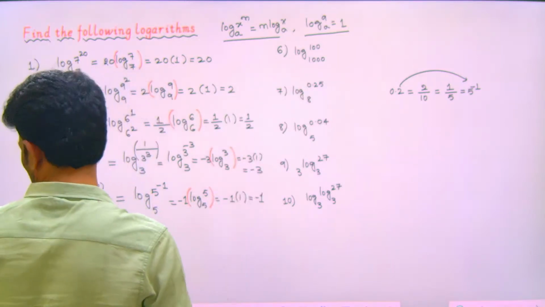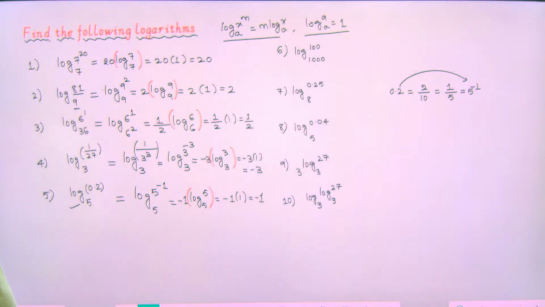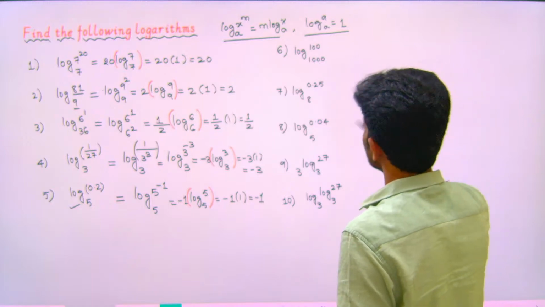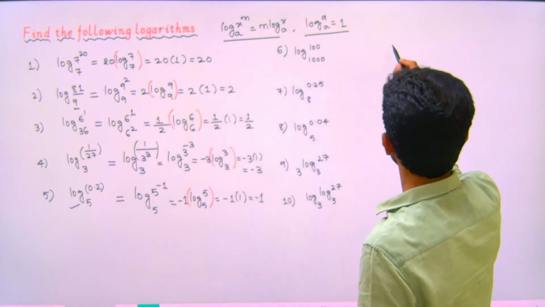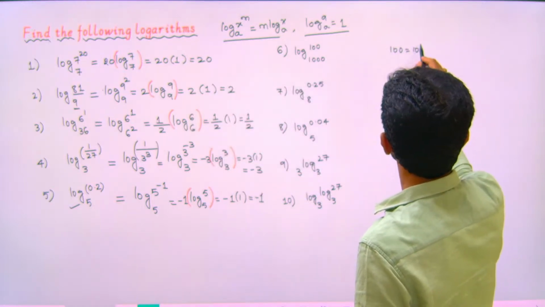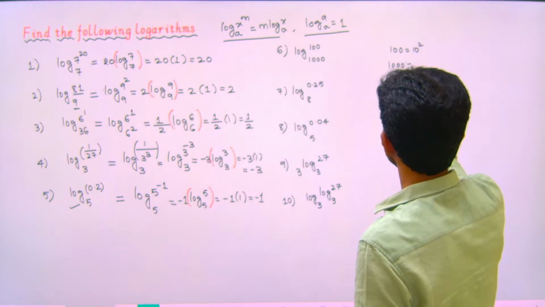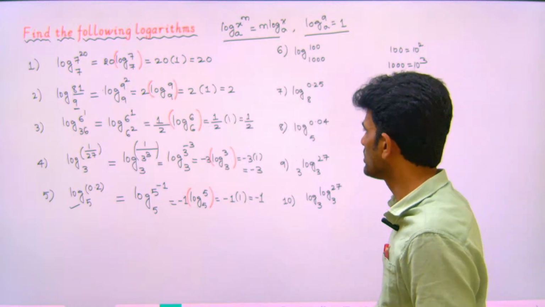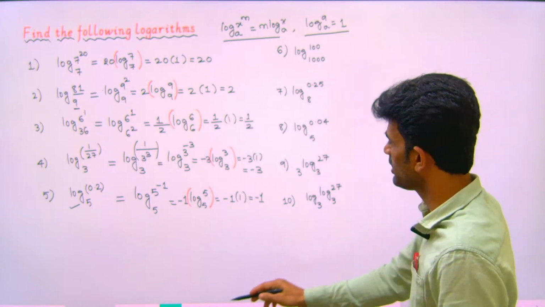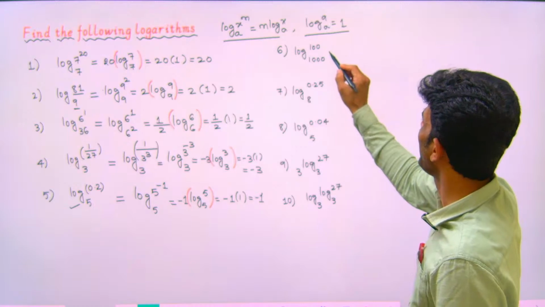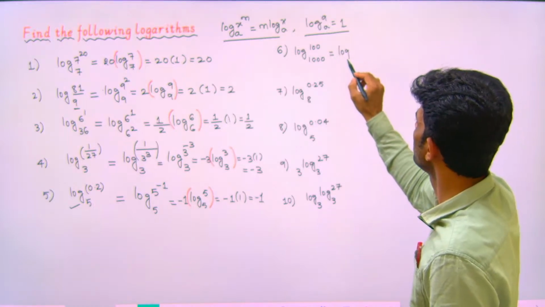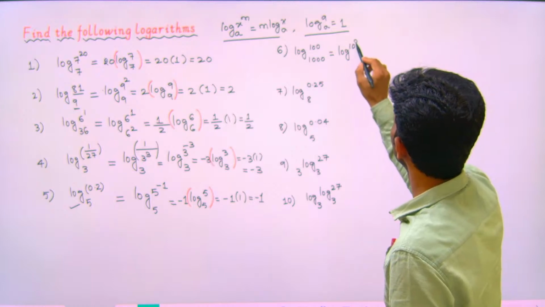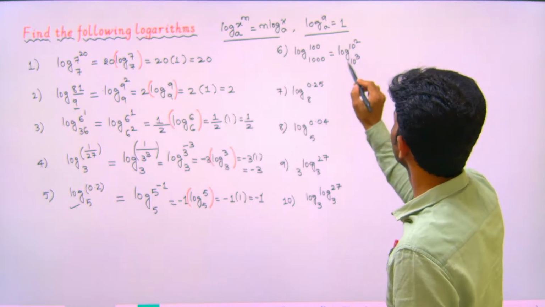So next, log 100 to the base 1000, you have to try it. 100 and 1000, how can we express them in terms of the same number? We know 100 is 10 to the power of 2, 1000 is 10 to the power of 3. So we can write this as log 10 to the power of 2 to the base 10 to the power of 3.